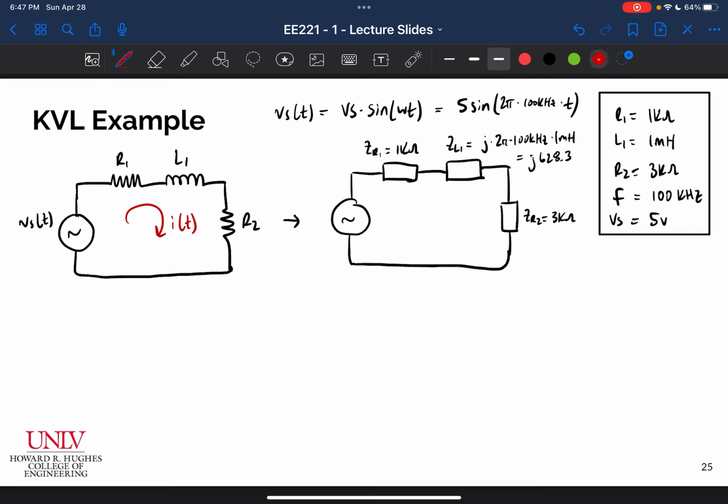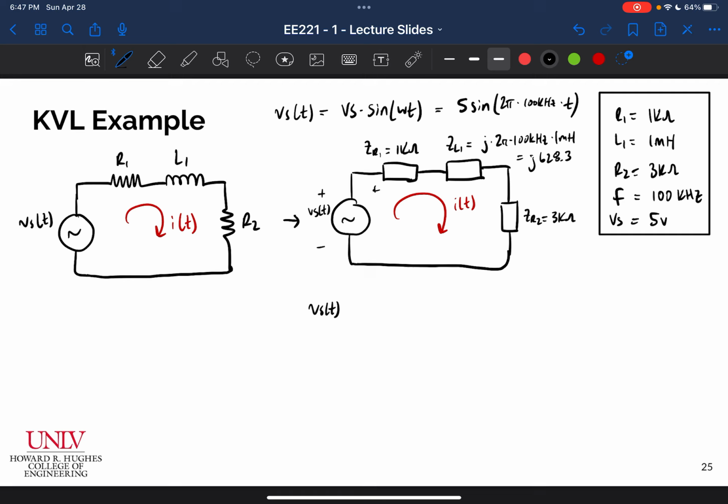Now we can use KVL. This is Vs of t, which we could also write as a phasor, but I'll get there in a second. So let's go ahead and write our KVL loop. We're going to start at this point and go around the loop this way. My first term is going from minus to plus across Vs of t, so I would write Vs of t.